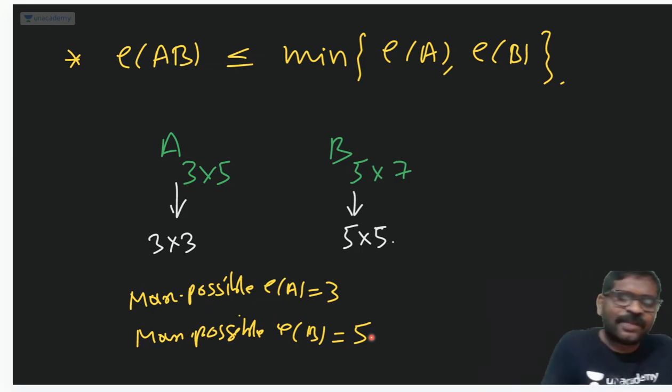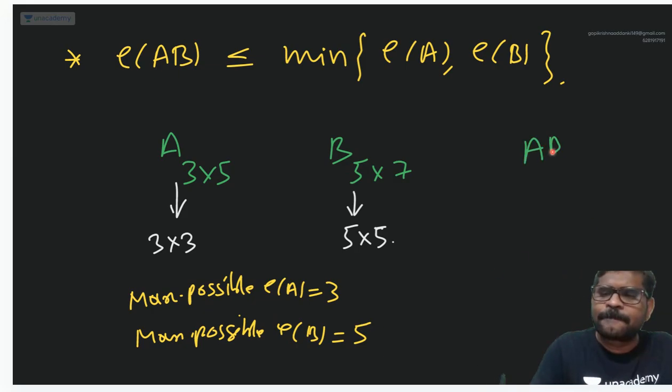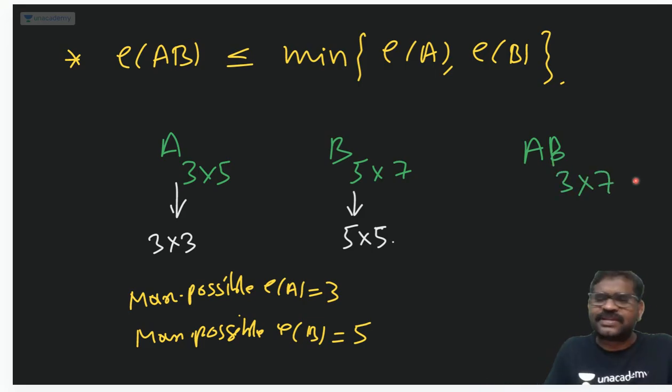Understood? Multiply A with B. 3 cross 7. What is maximum possible minor? 3 cross 3.